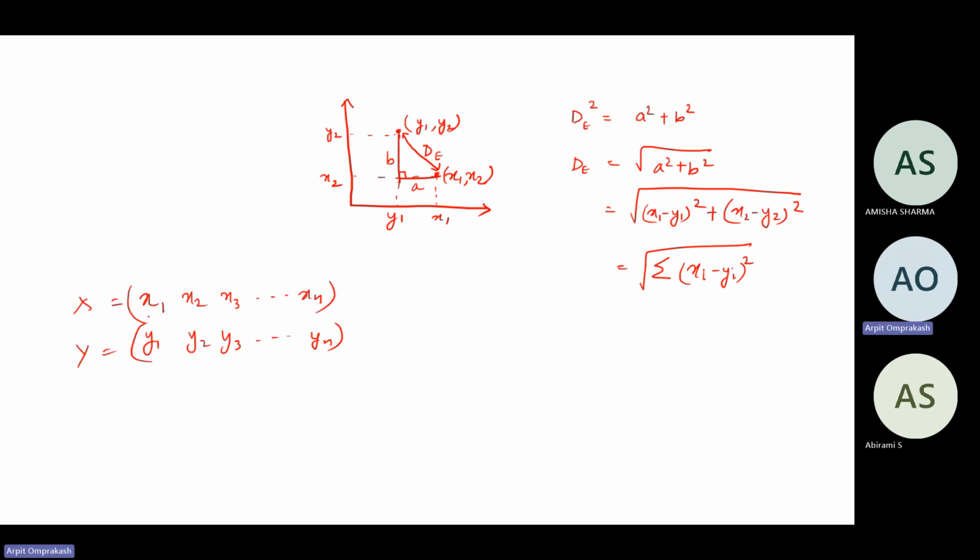Again, to take the Euclidean distance, you do the same thing: you subtract x1 minus y1 whole square, x2 minus y2 whole square, and so on, add all of them and take the square root. So you can do this for n-dimensional data. Euclidean distance basically means the shortest distance between these two points, the straight line passing through them. Okay, is that clear?